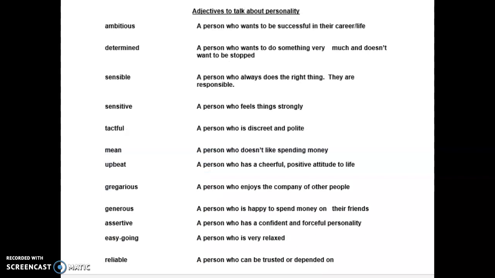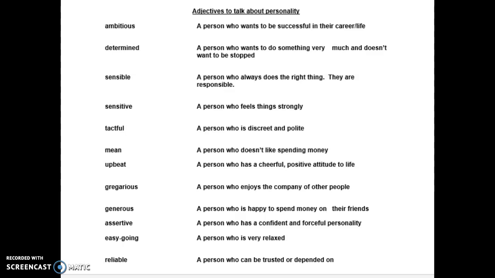Next, we're going to introduce the rest of the adjectives, and we want to check that the students understand the meaning of the adjectives. So you can see here we've got a list of 12 adjectives on the left and the definitions on the right. We need to create a task out of this, something that the students can do. So we're going to mix up the definitions and get the students to match the adjective with the correct definition.